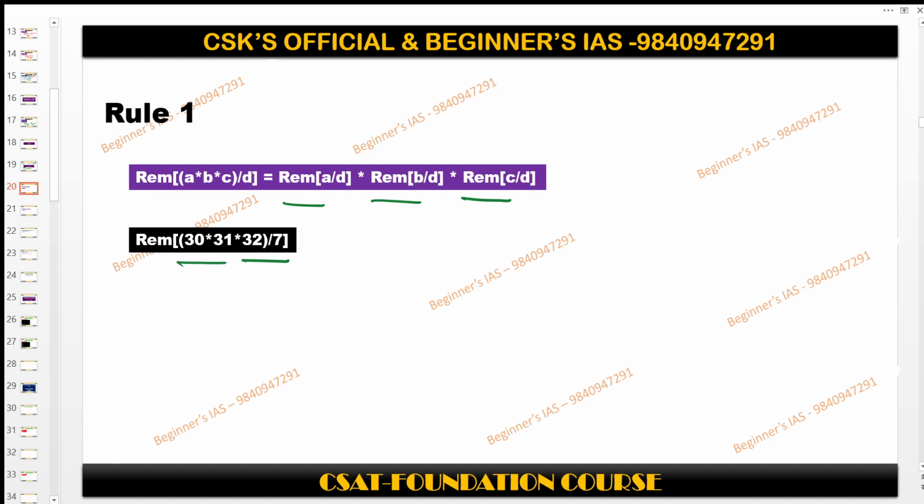So to find the remainder, find the separate remainders: the remainder of 30 by 7, remainder of 31 by 7, remainder of 32 by 7. Here 2 is the remainder, then here 3 is the remainder, here 4 is the remainder.